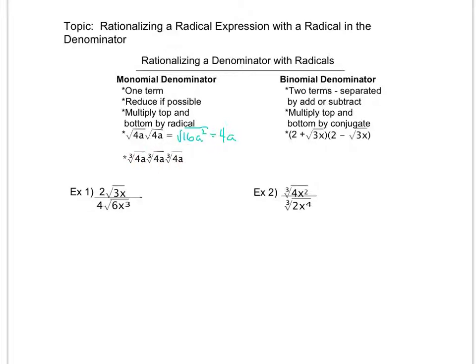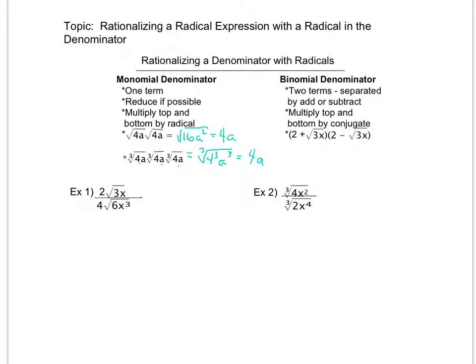However, if I multiplied three of them, I'd have the cube root of 4 times 4 times 4, so let's call it 4 cubed, and a times a times a, let's call it a cubed. If I split that in two, my cube root and my 4 cubed would reduce to 4, and my cube root and my a cubed would reduce to a. So if I have that 3 times for my index 3, it would cancel out.